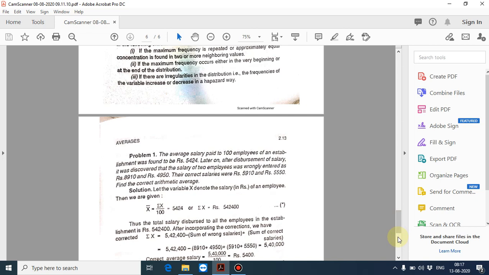The first problem: the average salary paid to 100 employees of an establishment was found to be 5,424 rupees. Later on, after distributing salary, it was discovered that the salary of two employees was wrongly entered as 8,910 and 4,950 rupees.